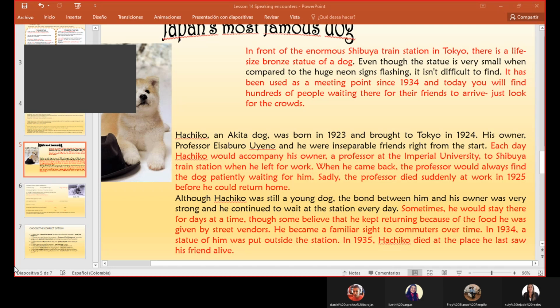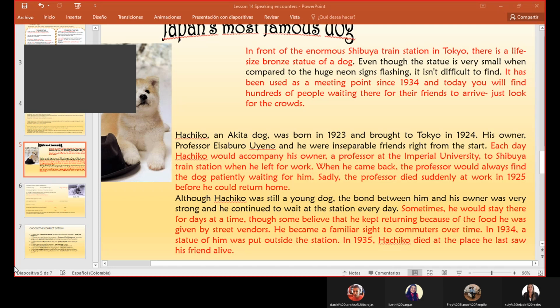Hachiko, an Akita dog, was born in 1923 and brought to Tokyo in 1924. His owner, Professor Eisaburo Uyeno, and he were inseparable friends right from the start.